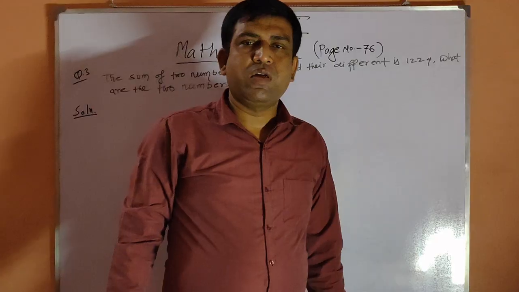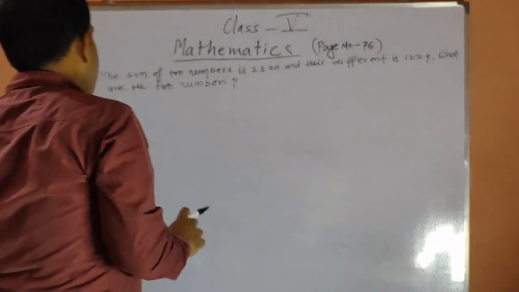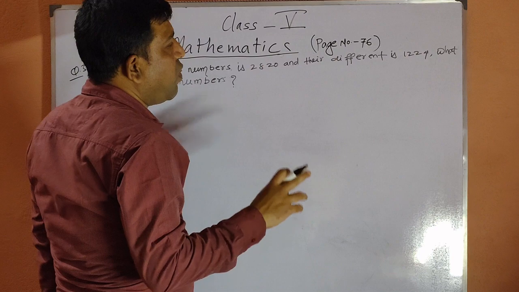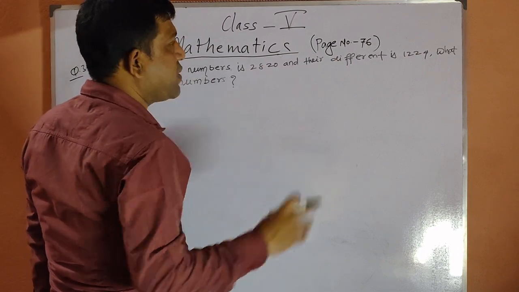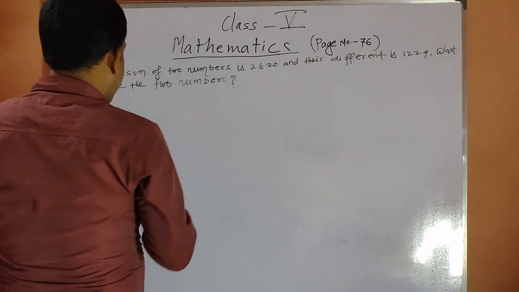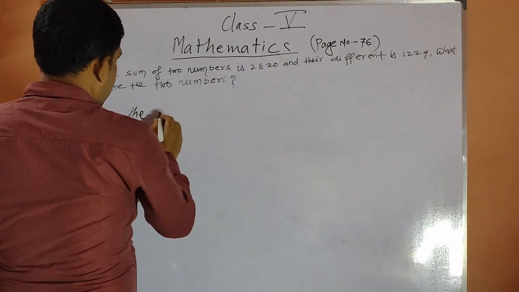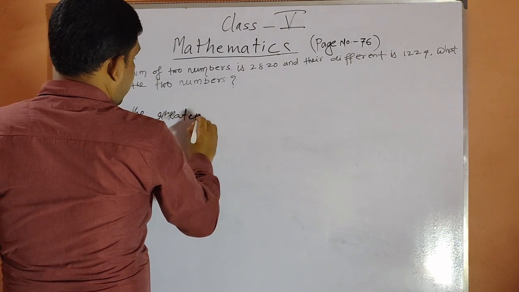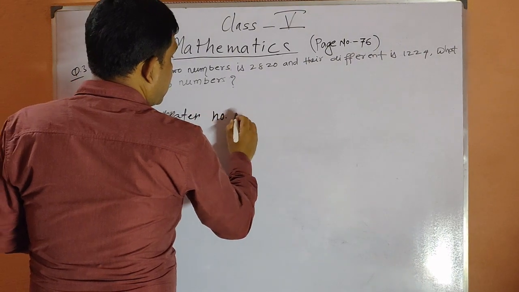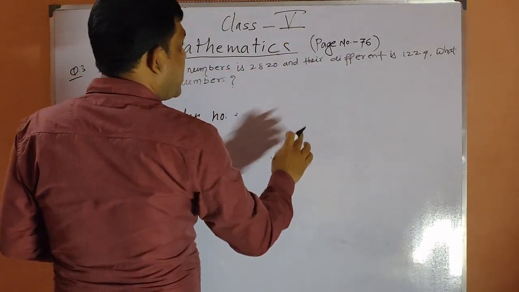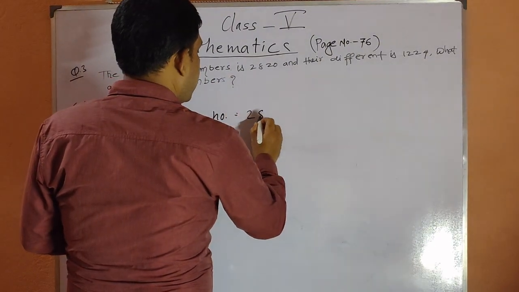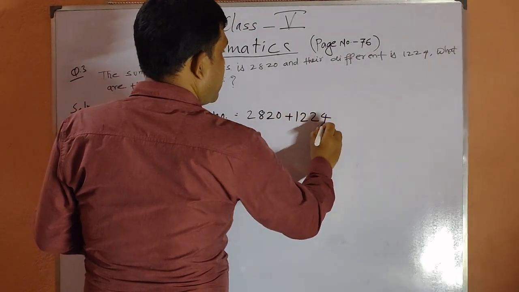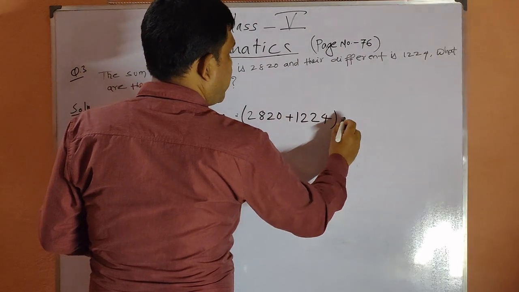Now question number 3. The sum of two numbers is 2820 and their difference is 1224. What are the two numbers? At first we know the greater number is equal to the sum plus the difference divided by 2.